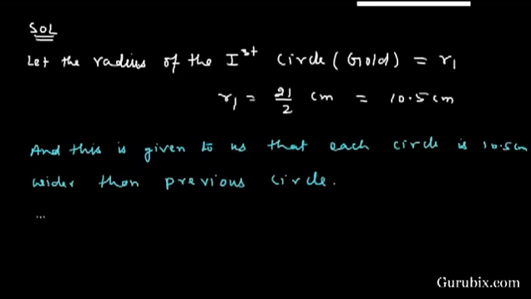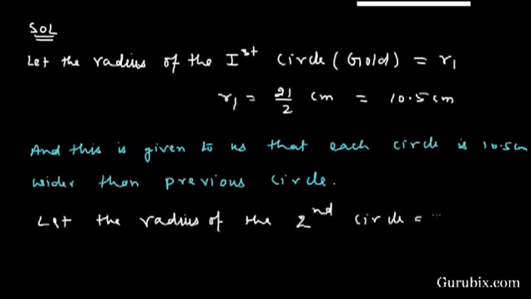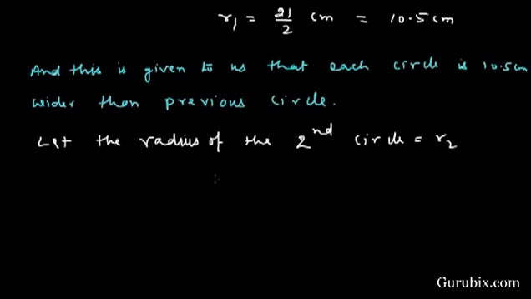So let the radius of the second circle be R2. Therefore R2 will be equal to 10.5 plus 10.5 centimeters, which means 21 centimeters.